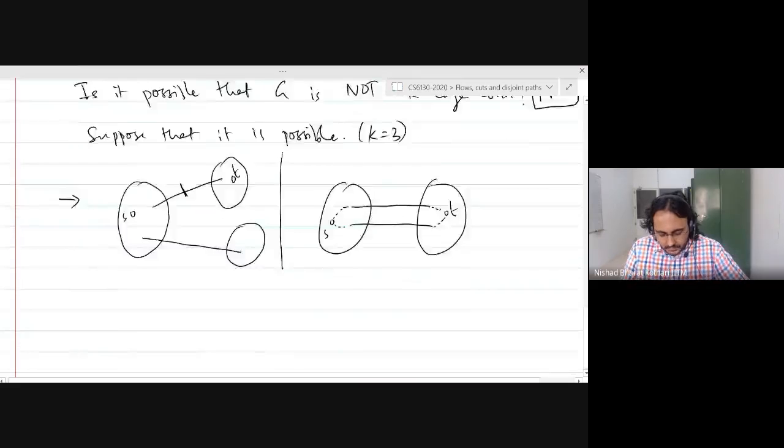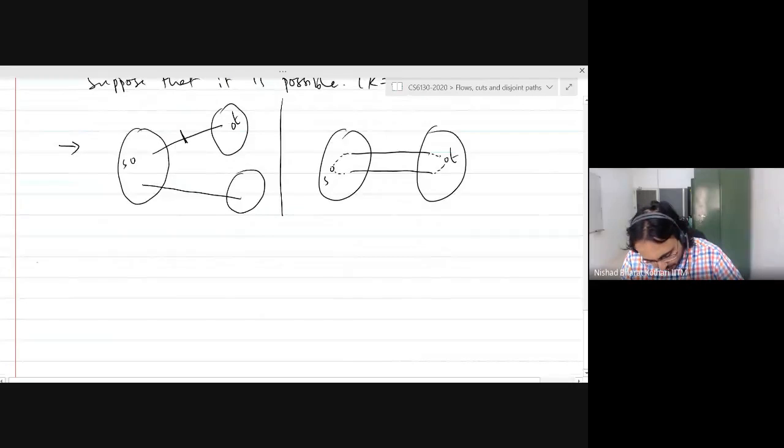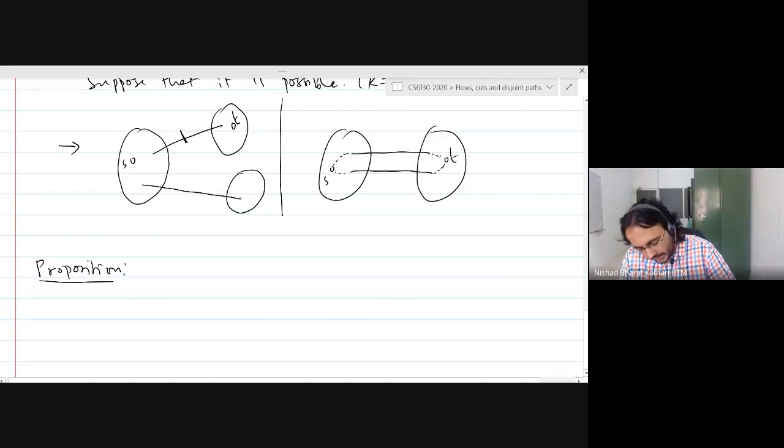So the following is a true proposition. If there exist k pairwise edge disjoint paths. Often when I'm speaking, I will forget to say pairwise, but I almost always mean pairwise when I say edge disjoint.